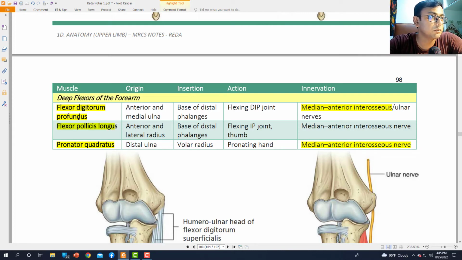But flexor digitorum profundus, which arises from the medial epicondyle, is also attached deep to the superficialis.